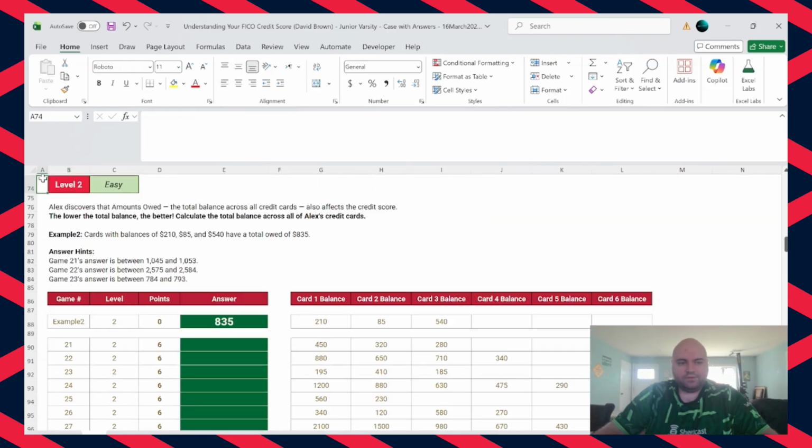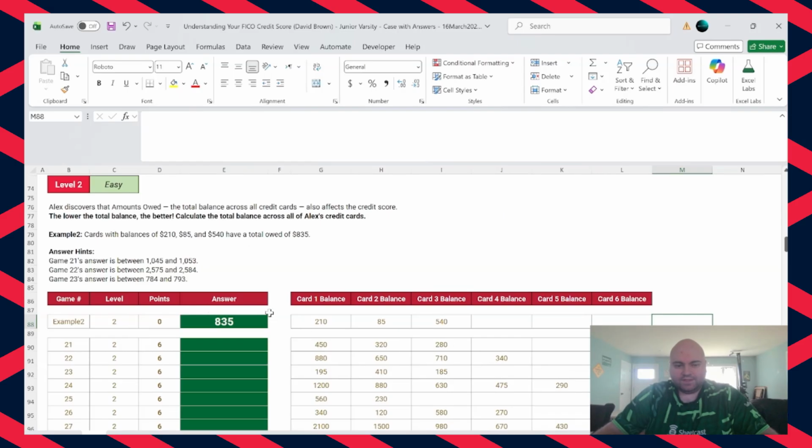Level 2. Going on to level 2, Alex discovers that amounts owed, the total balance across all credit cards, also affects the credit score. The lower the total balance, the better. Calculate total balance across all of Alex's credit cards. So, for example 2, cards with balances $210, $85, and $540 have a total owed of $835.